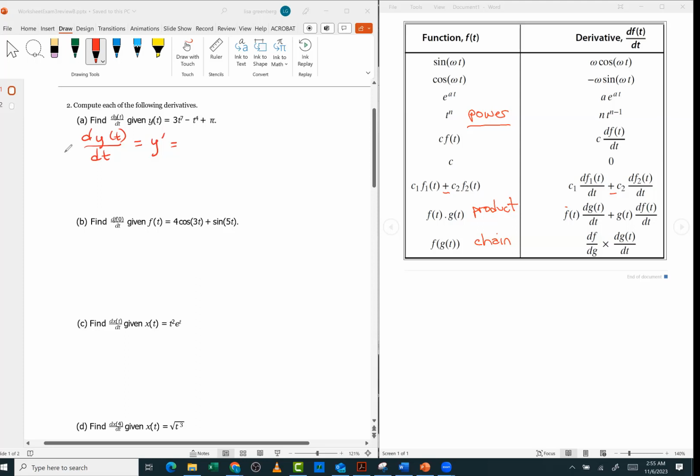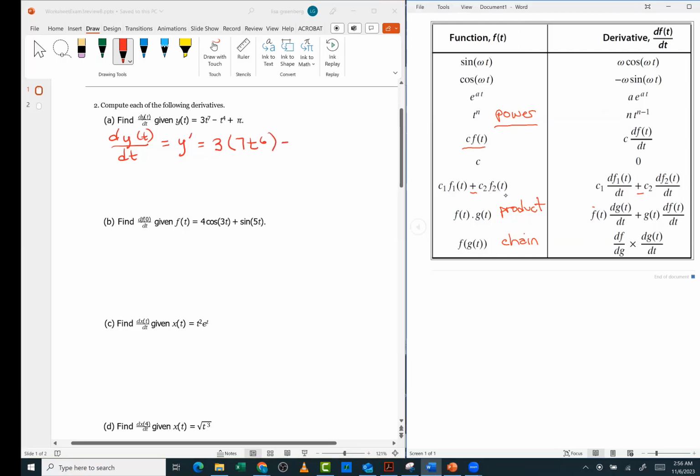We have y prime, and we're going to have to use this right here because we have a constant times a function. So I have 3 times the derivative of t to the 7th, which is 7t to the 6th because of the power rule. I'm going to subtract. That's what this one right here is.